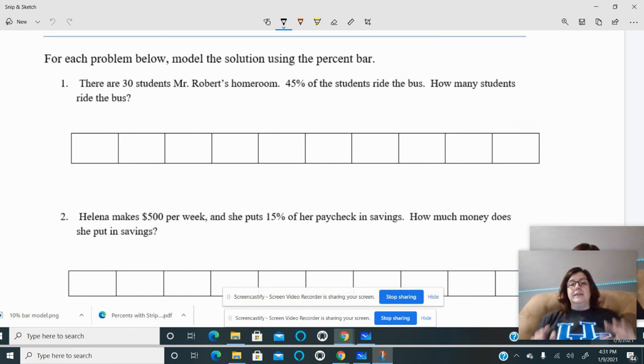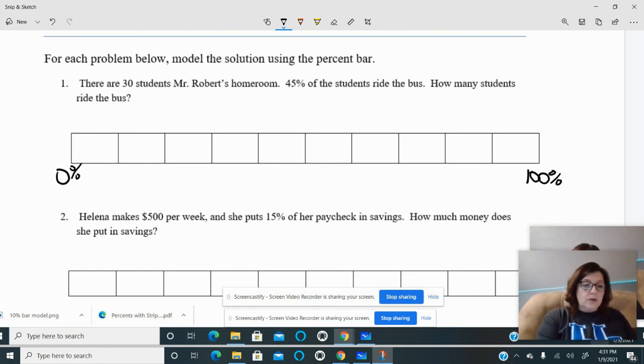You're going to have this in a digital copy, so you can either think in your head 10, 20, 30, 40, or you can draw it on paper. Since I have it here, I'm going to write on it. I know across the bottom I put the percents, so I'm going to label my percents across the bottom.